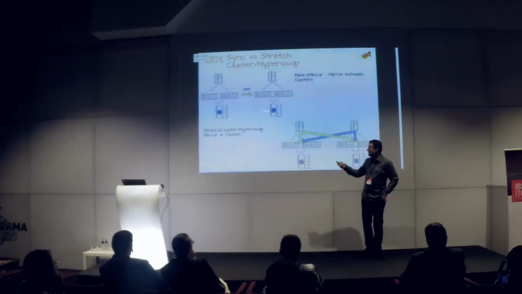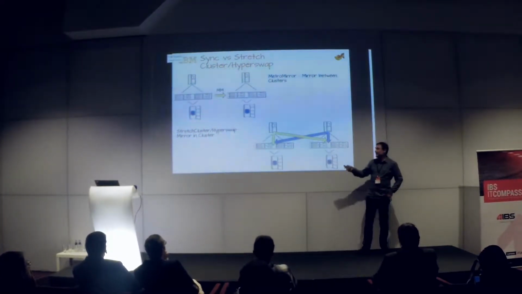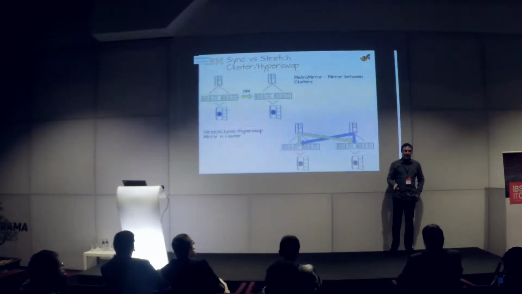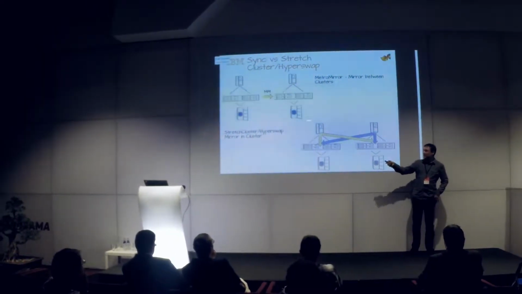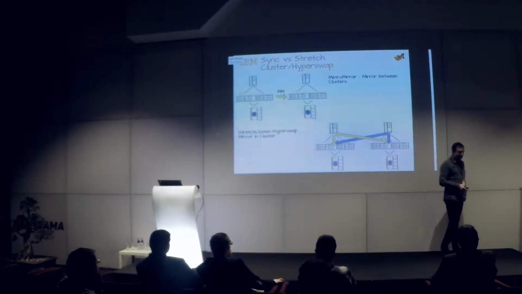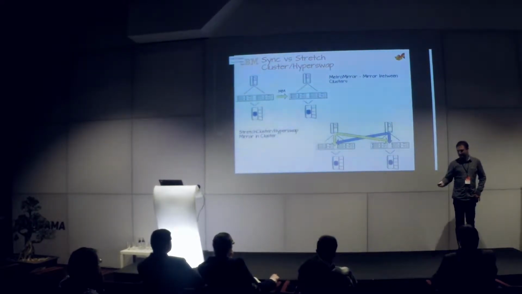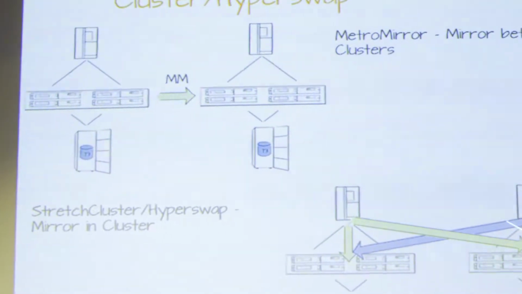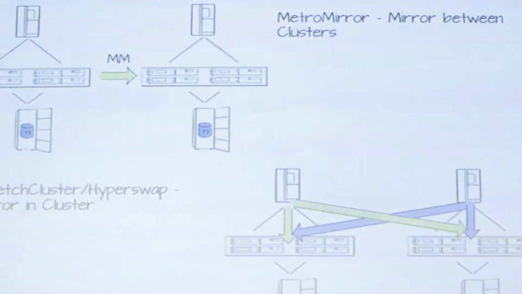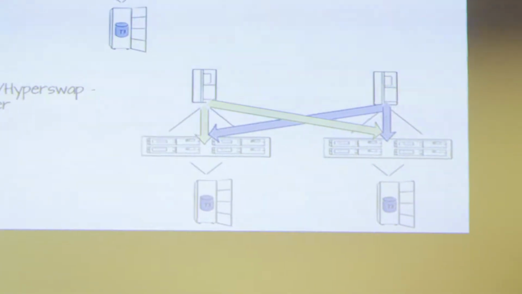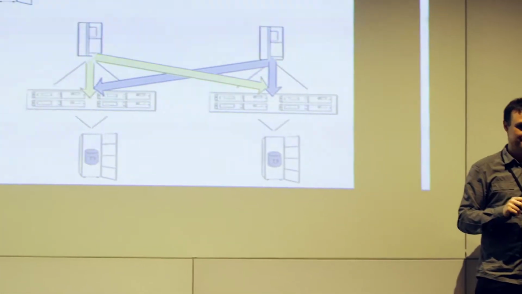Compared with classical replication, the key difference is that with classical replication, your data on the secondary side is only waiting for the problem. When you stretch, you can have access to both copies. What does this mean? Double read performance.